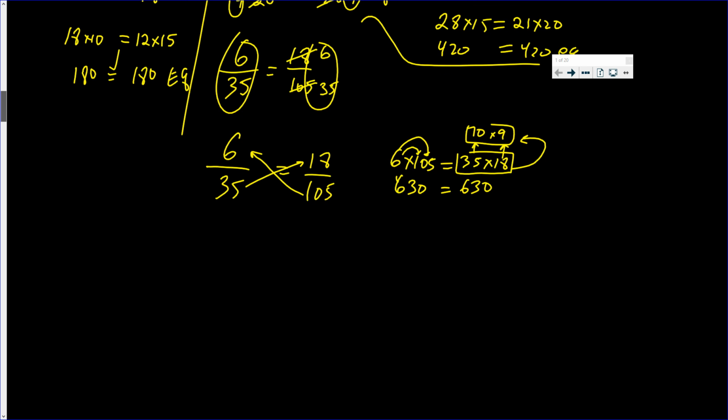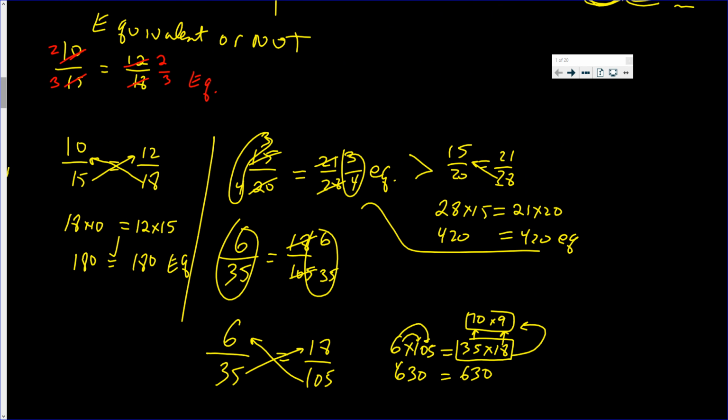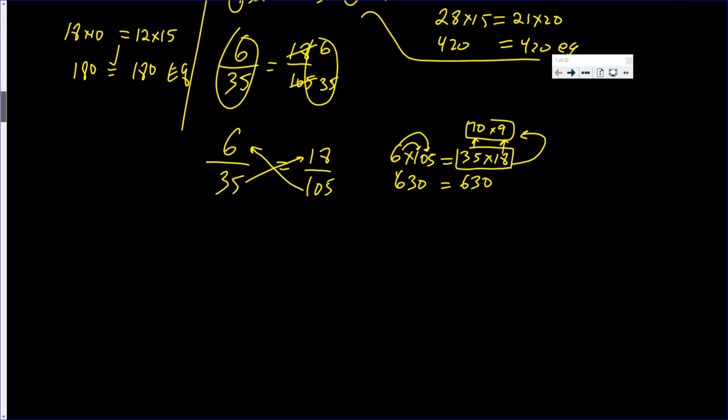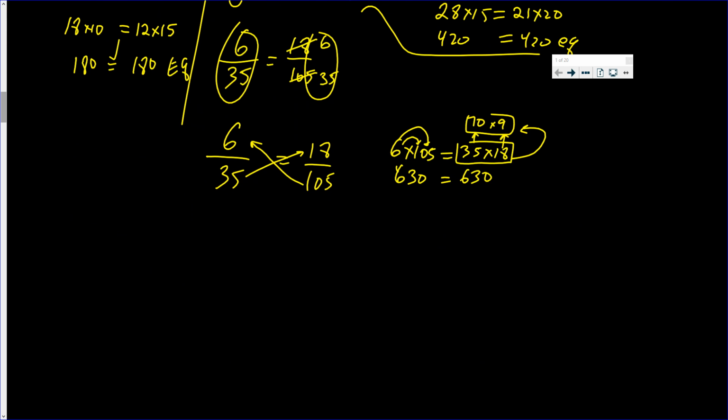So we are back to, are they equivalent or not? Do a couple more. Suppose you have 7 over 2 and 48 over 7. Well, you can't reduce any of them.